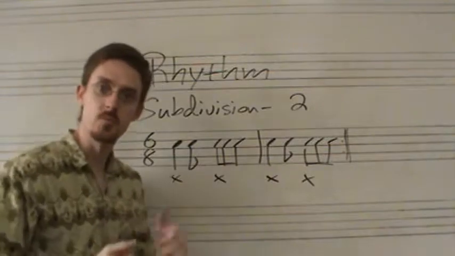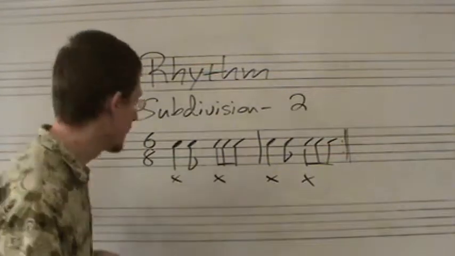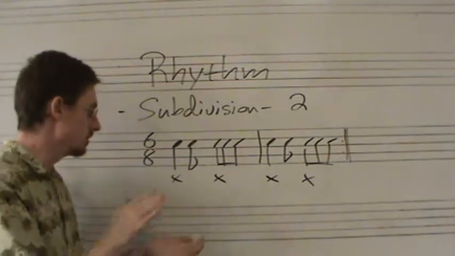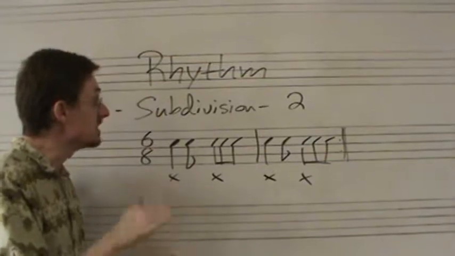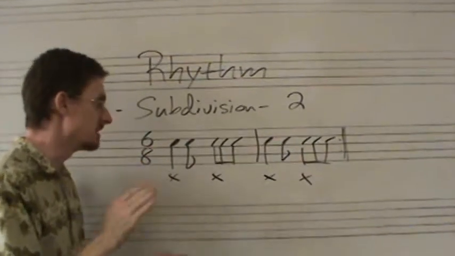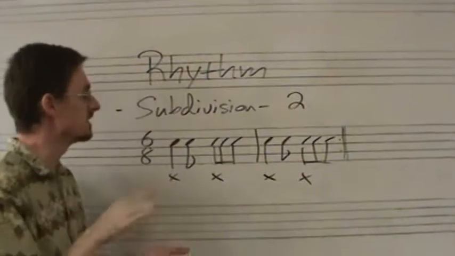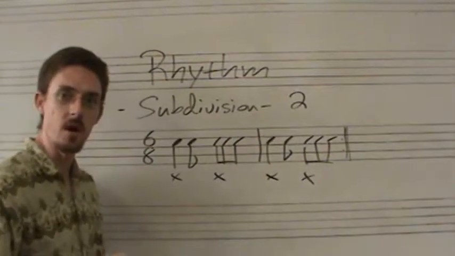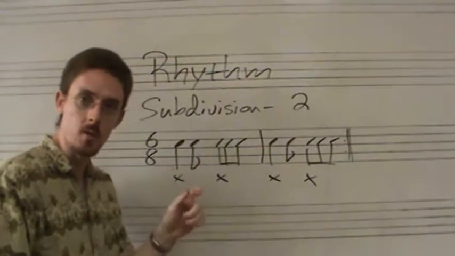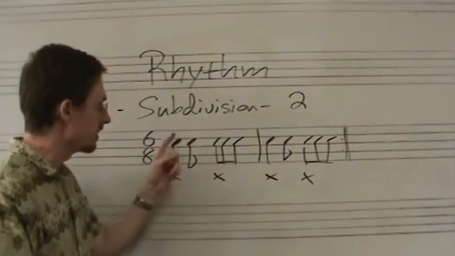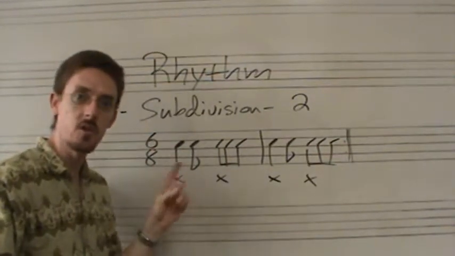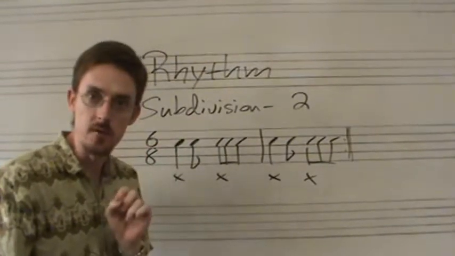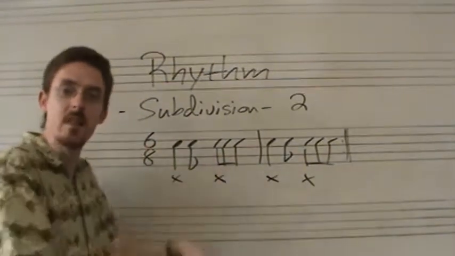Feel free, of course, to count these along with me. 1 and 2 and 1 and 2 and so on. So I'm clapping the subdivision, though we consider the dotted quarter note to get the beat. If there are any 8th notes here, you still must subdivide at the smallest level of the beat. Now that's a single subdivision, one level of subdivision down.